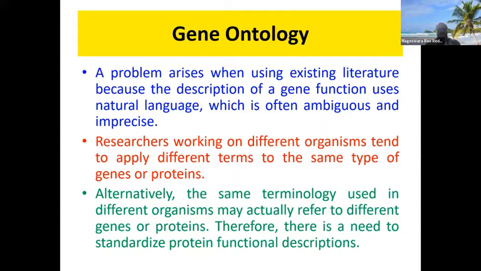In the same way, for identifying the function of genes, there is a natural language which is formed in the body. That natural language is used here as gene ontology, and this gene ontology can give you the function of the gene.